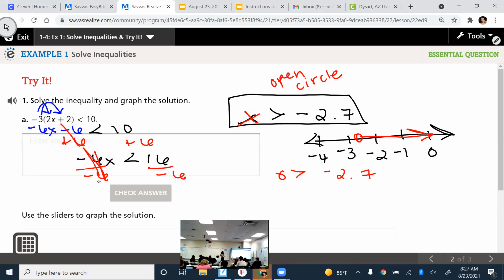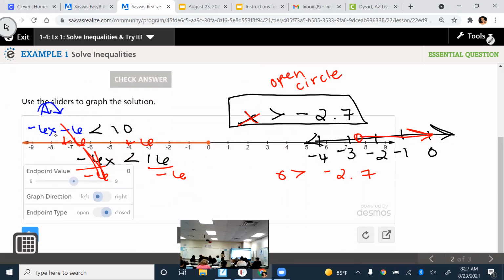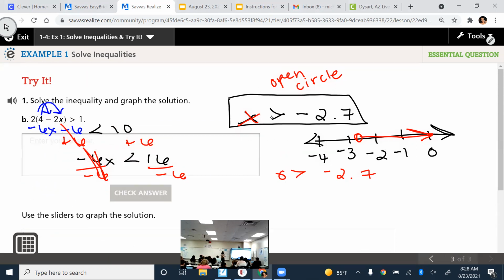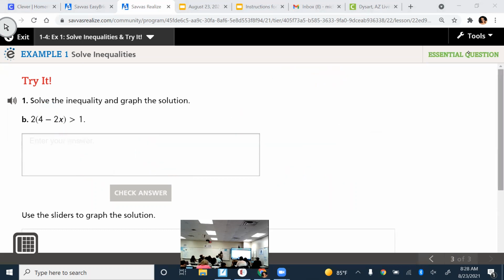All right, we're going to scroll down and do the other one real quick. All right, so part B, I'm going to erase this so everyone has it. First step in part B is to do what?